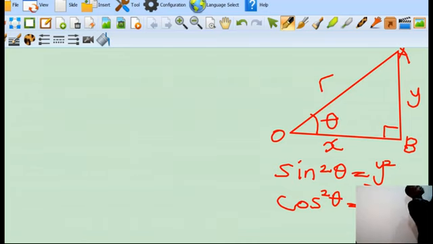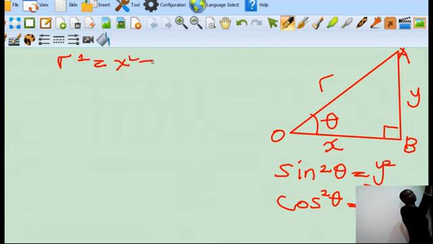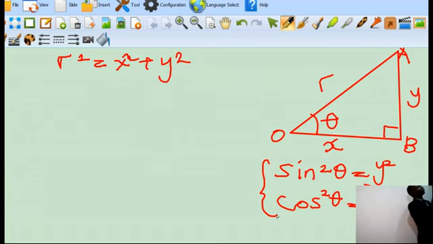From the expression r squared is equal to x squared plus y squared, we can derive our formula by substituting for x and y from these expressions.